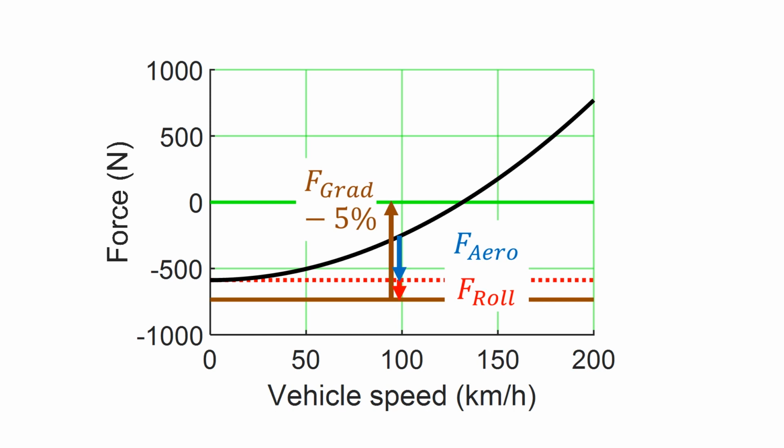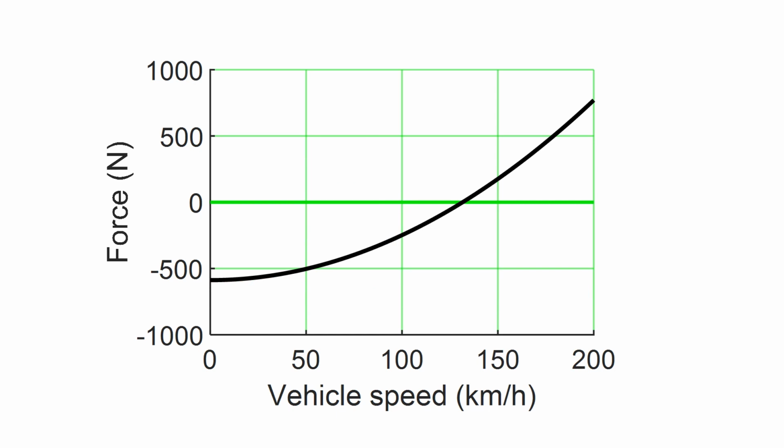The resulting running resistance force is the black curve. For the downhill gradient, the total running resistance force is negative up to a speed of 130 km per hour. This is caused by the gradient force being negative and bigger than the rolling resistance force plus aerodynamic resistance up to 130 km per hour.